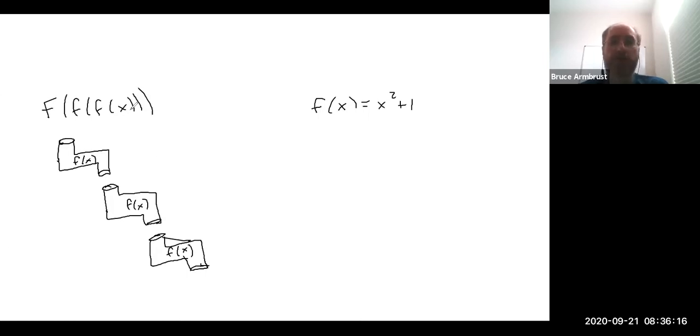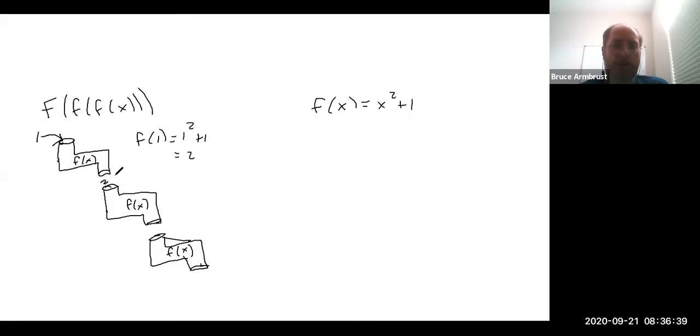So let me start with just a number so we can see what would happen. Let's say we started by plugging in 1. So we would begin with f of 1, which would say to square 1 and add 1, right? It always says square what you put in and then add 1. So this would equal 2.